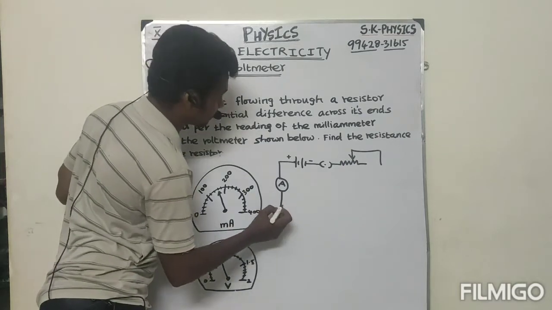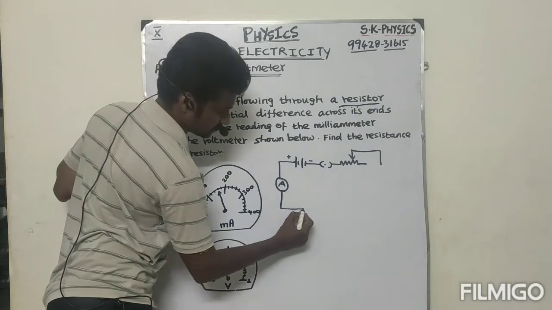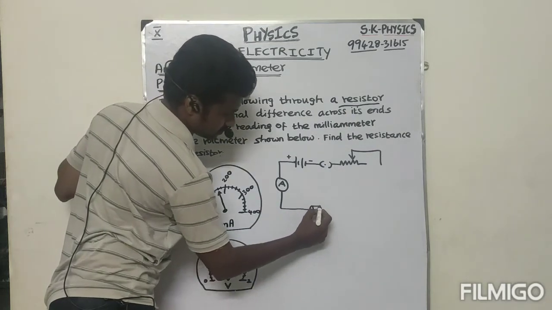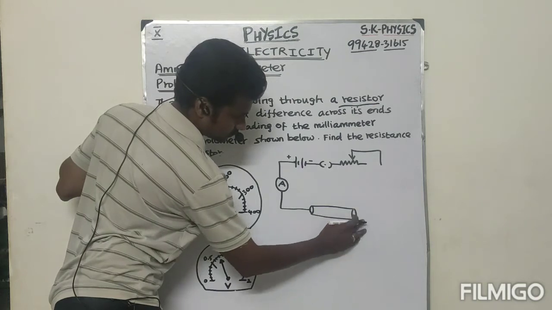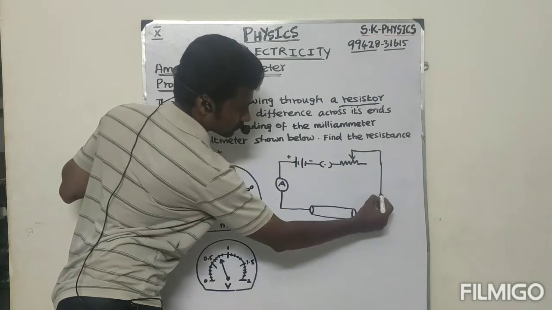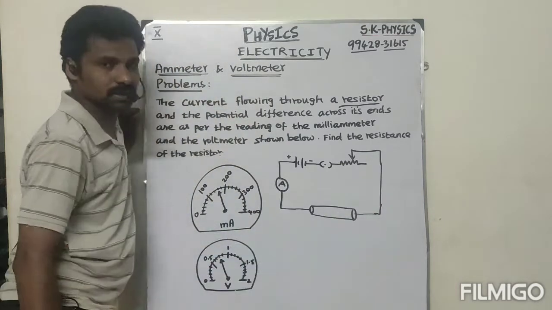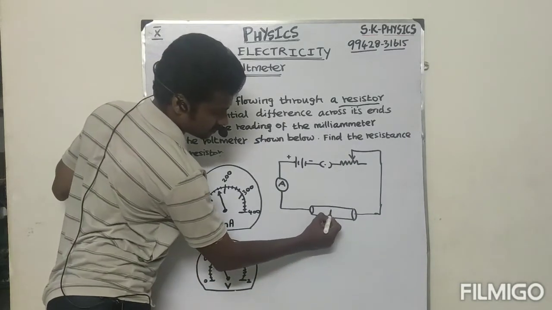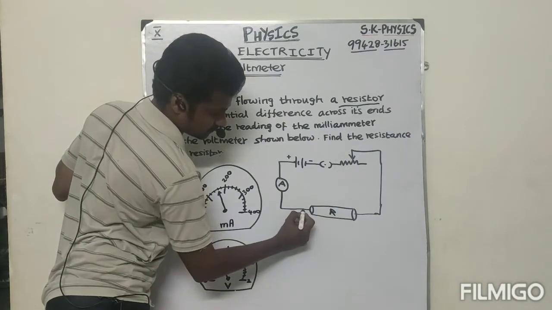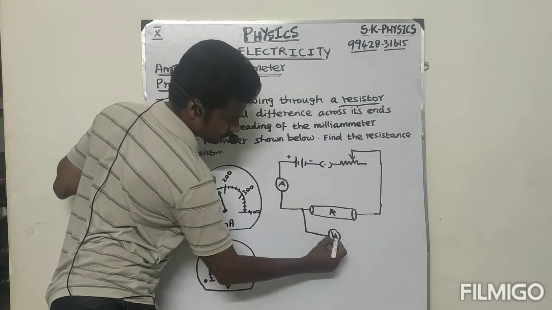Now they said current flowing through one resistor. So this is that resistor, that means one conductor or resistor. This is the circuit. Then the potential difference across this resistor is measured by using the voltmeter.